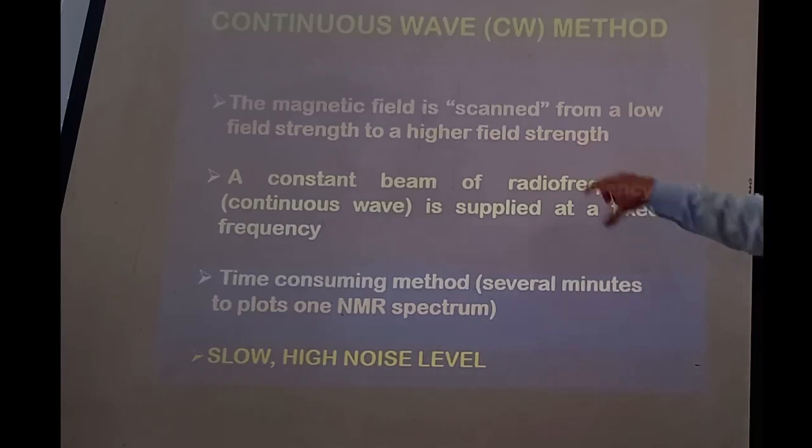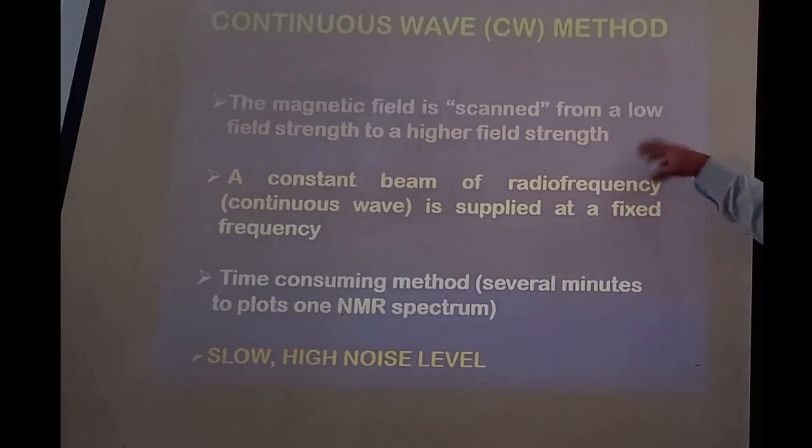So you provide a constant beam of radio frequency which is at a fixed frequency. Now when you do this, as I told you earlier, all of these different types of protons resonate one at a time. So it takes a lot of time. It's a time consuming method, and it takes several minutes to plot one NMR spectrum.